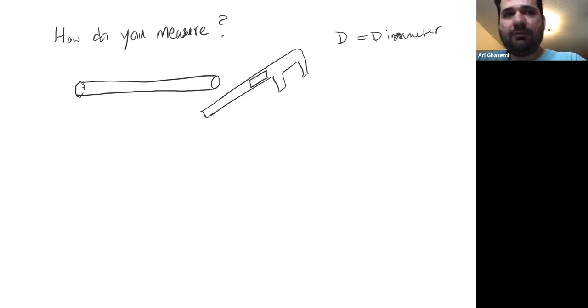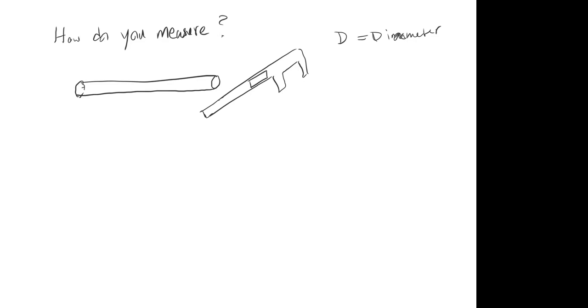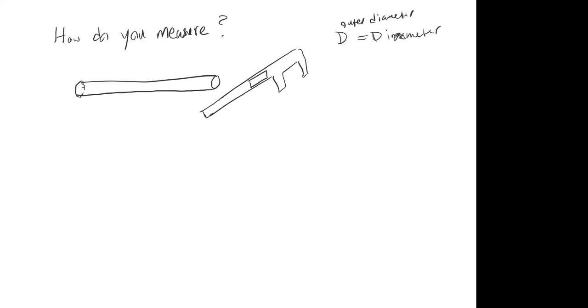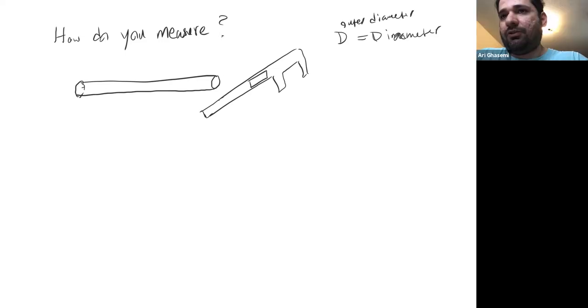Any idea? To find the diameter of that pipe? Yeah, the outer diameter. I would use the calipers and go around the pipe and give you a measurement like 1 inch. 1 inch diameter. Okay, so you just do one measurement, right? Is that what you do?